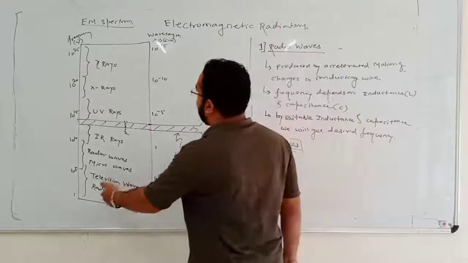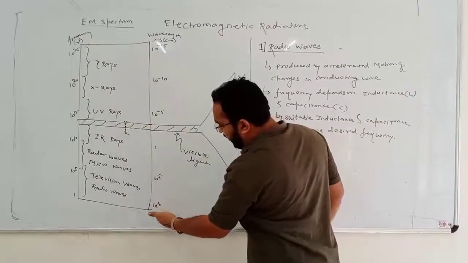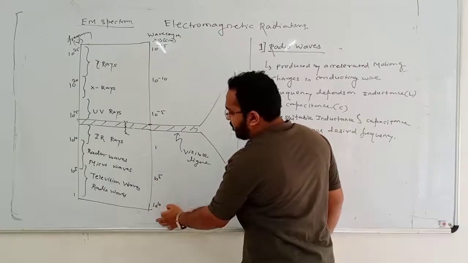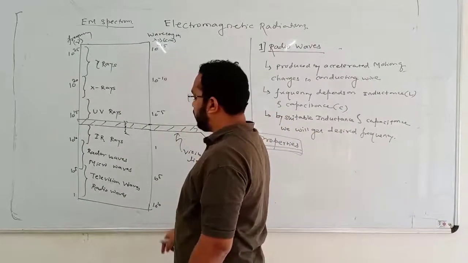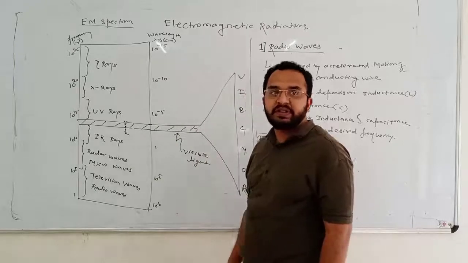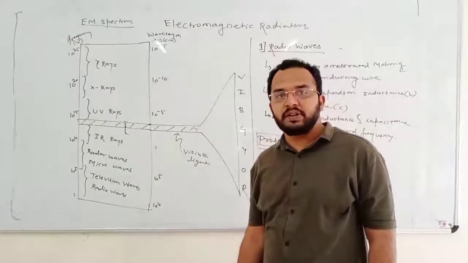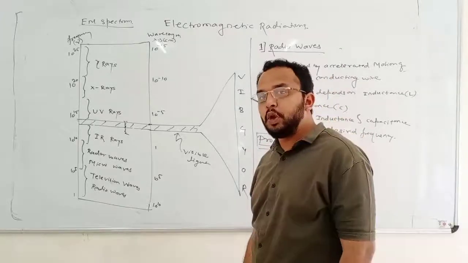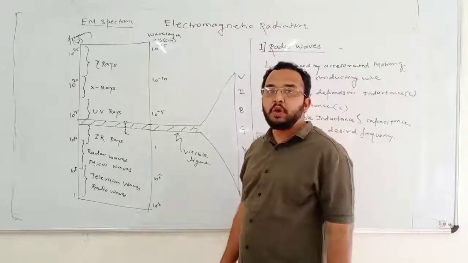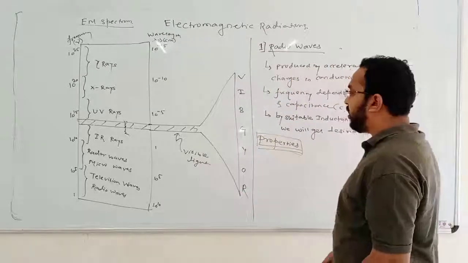You can see here the chart of wavelength. This is in centimeters. So 10 raised to power 10 centimeters means 10 raised to power 8 meters. 10 raised to power 8 meter means 10 raised to power 5 kilometers. So lakhs of kilometers.